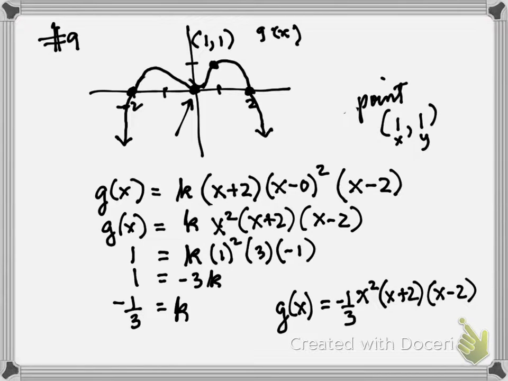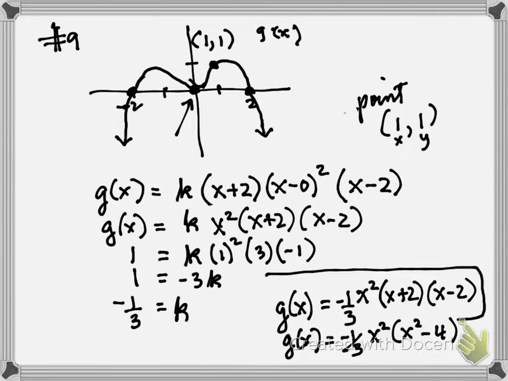Or you can write it this way: negative 1/3 times x squared minus 4, because x plus 2 times x minus 2 is x squared minus 4. You can simplify it further, but anyway, this form is already acceptable as the equation of your graph.